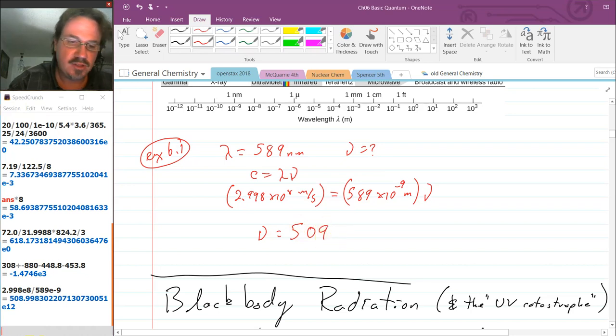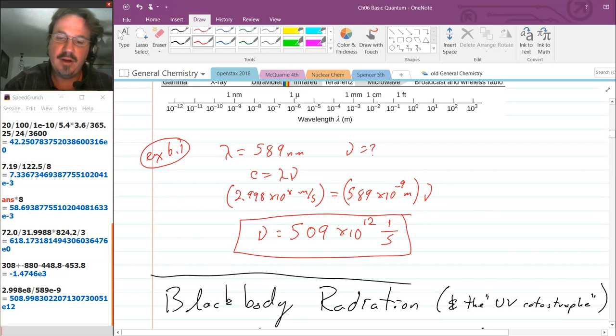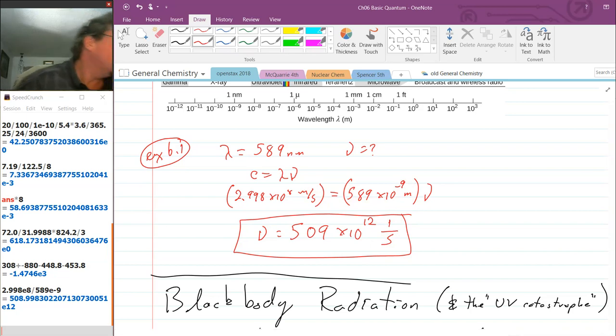Oh, it's times 10 to the 12th. Don't forget that, times 10 to the 12th. And what are the units? This is meters per second divided by meters. Meters cancel. The unit is per second. So that light is vibrating at 509 times 10 to the 12th times every second, which is a lot.